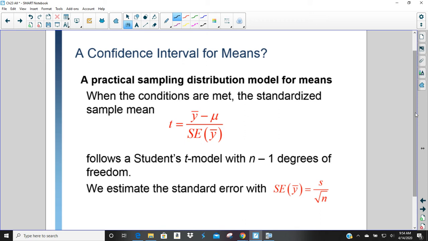We have t equals y bar, the y in this case is going to be our sample, minus mu, that's going to be the expected value, divided by the standard error. And it could be standard deviation if we happen to have the information, which sometimes we do. Most of the time we do not. So, and then of course it says we estimate it, okay? And degrees of freedom, they're reiterating for us, that is n minus 1.